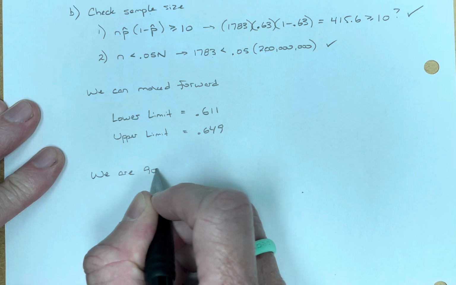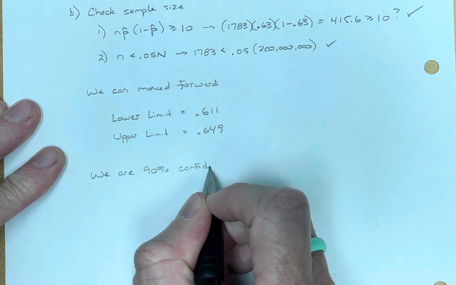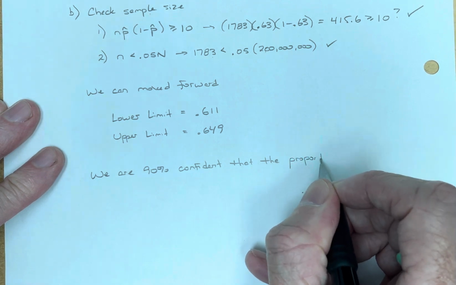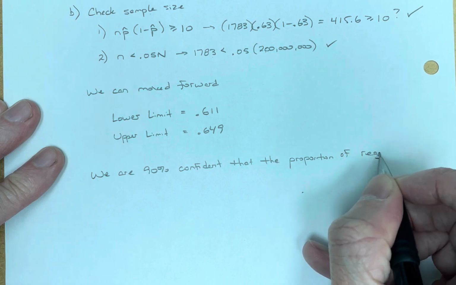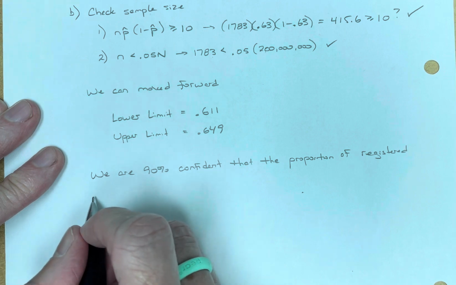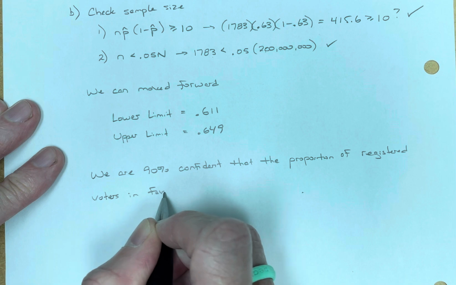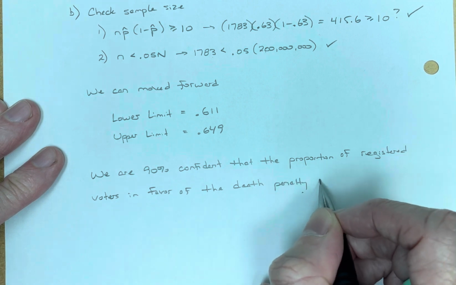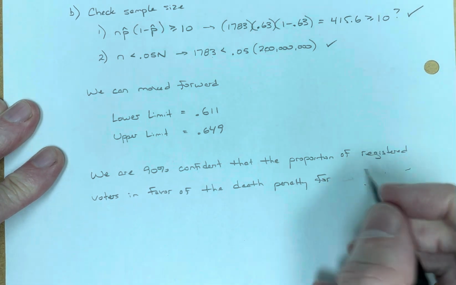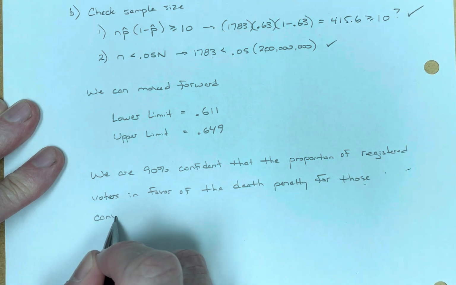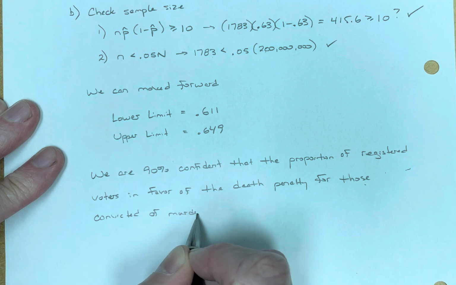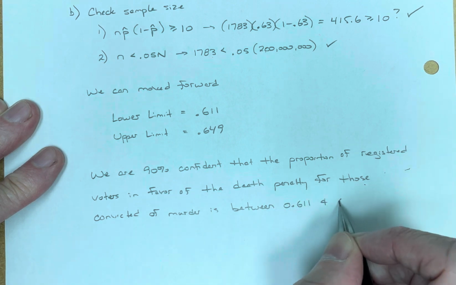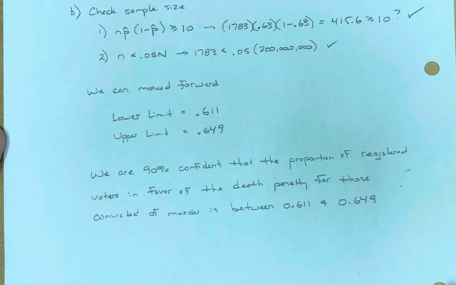We are 90% confident that the population proportion, which is the proportion of registered voters, we're talking about all of them here, of registered voters in favor of the death penalty for those convicted of murder is between 0.611 and 0.649. Okay, so again, a brief recap on this one.